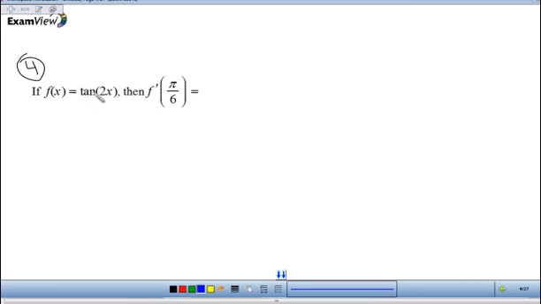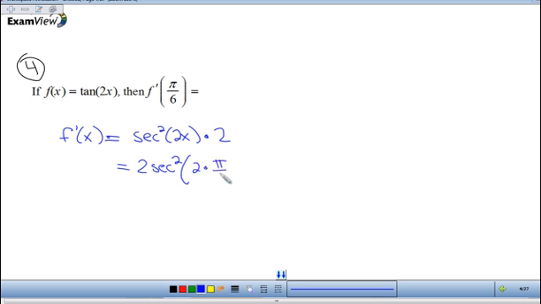Okay, so find the derivative of tangent of 2x at pi over 6. The derivative of tangent is secant squared times the derivative of the inside. So we're going to substitute pi over 6 for x. So we get 2 secant squared of pi over 3. Okay, so now we need to find what secant squared of pi over 3 is.